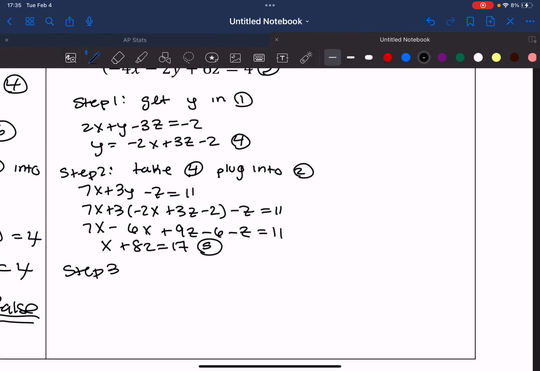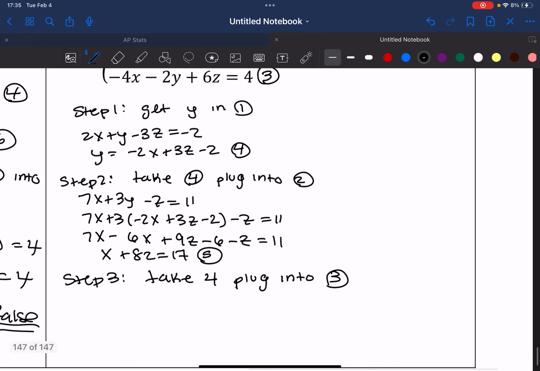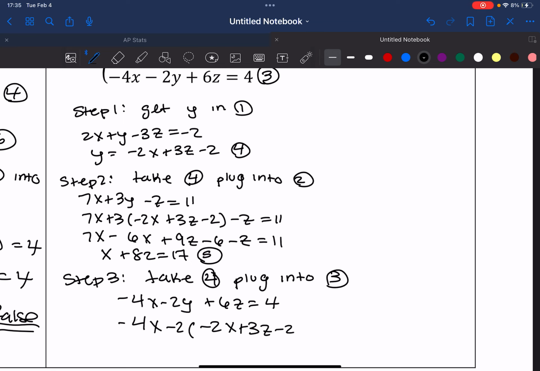Step 3, I'm going to take 4 and plug into 3. So equation 3 is negative 4x minus 2y plus 6z equals 4. And equation 4 was for y, so negative 4x minus 2 times negative 2x plus 3z minus 2 plus 6z is equal to 4.